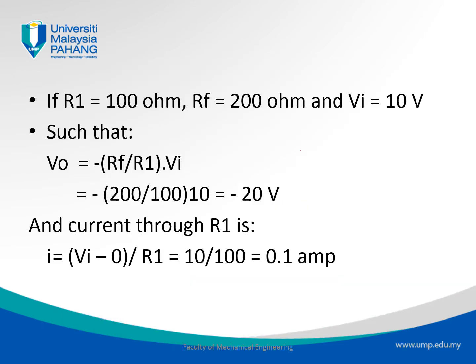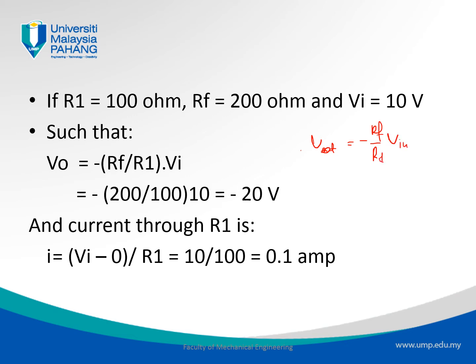So for example, let's take a case of application. From what we found just now, V out, or V0, equals the gain, minus RF over R1, multiplied by V in.